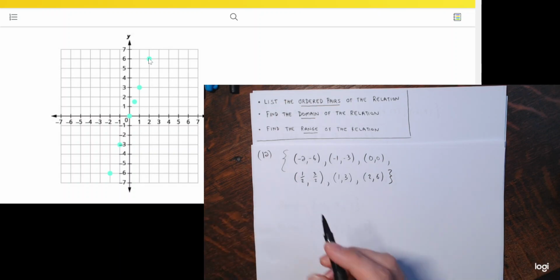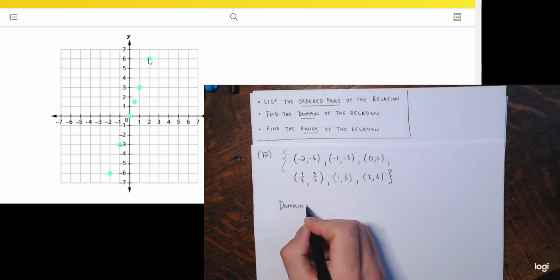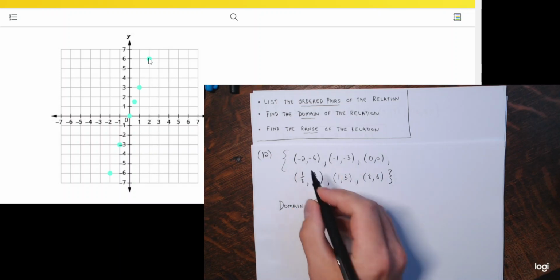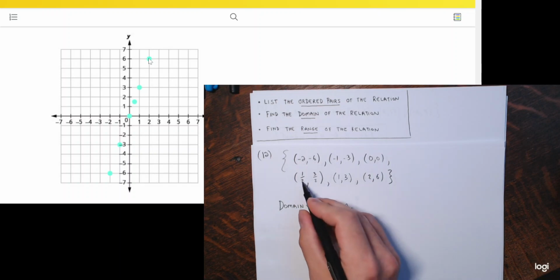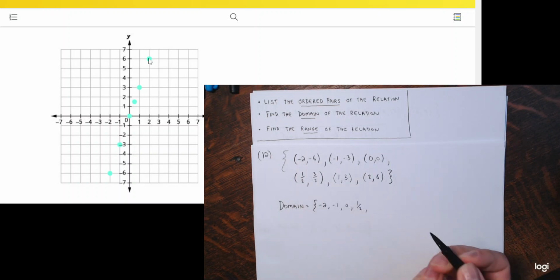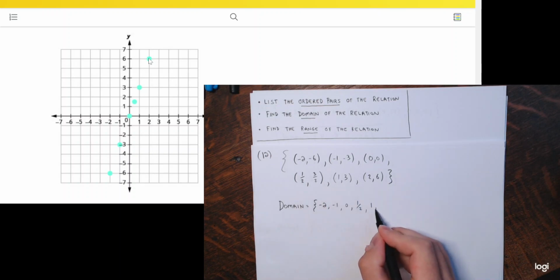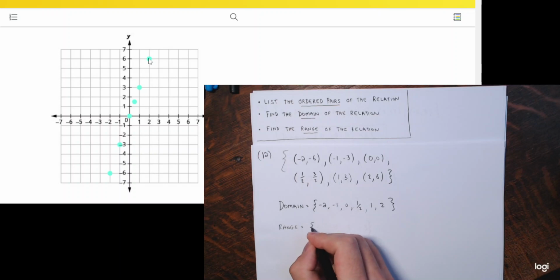And the domain, right? The domain is the set of all the x coordinates, right? All the first coordinates. So you got -2, -1, 0, 1/2, or 0.5, whatever you want to write, that's equivalent to 1/2, 1, and 2. Right, there's the domain. And then the range, yet again, is the set of all the y coordinates, right?